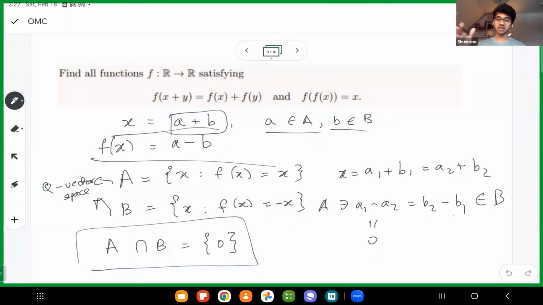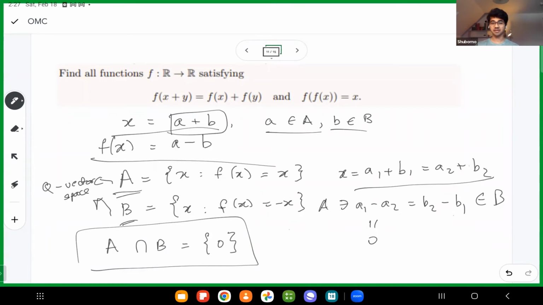So that's the point: in the previous problem, you didn't need the additive condition in general. You just need to know that A was a vector space, B is a vector space, and the intersection was 0. So it would be a unique representation.